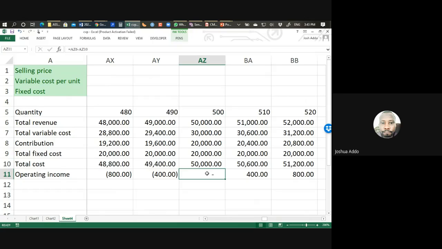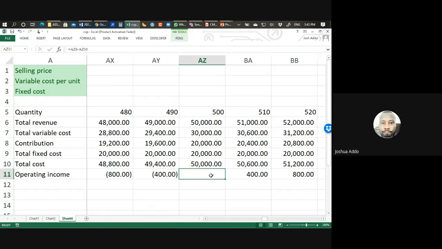So that tells you that at sales output of 500 units, we generate enough revenue to pay all of our expenses, both fixed and variable, but nothing will be left.